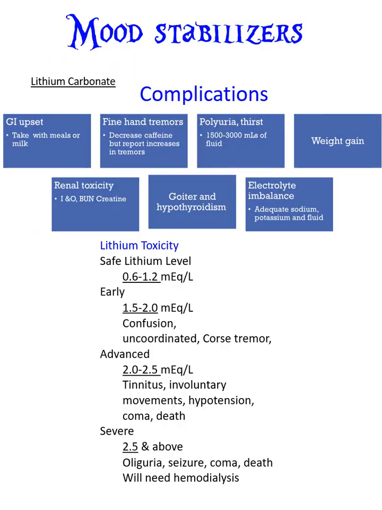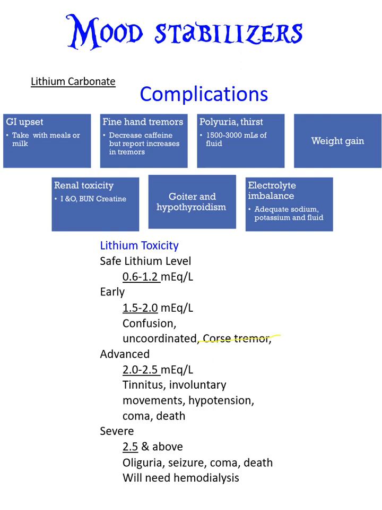So one of the medications that we use is lithium. Big thing to know is your lithium complications. Big things that we can have is GI upset. I mean, we're just going to take it with meals. That's not a big one. That fine hand tremor. The issue is when that tremor becomes coarse, because that's a sign of toxicity. Okay.